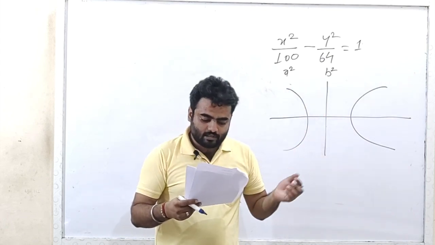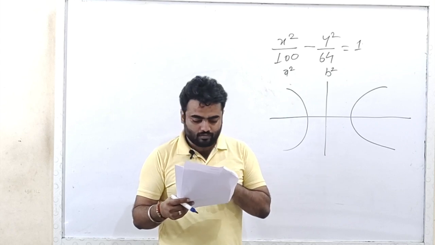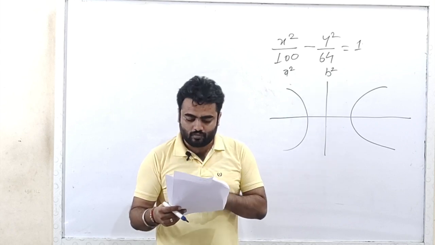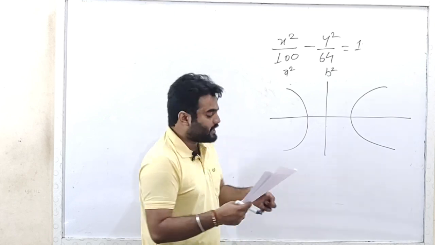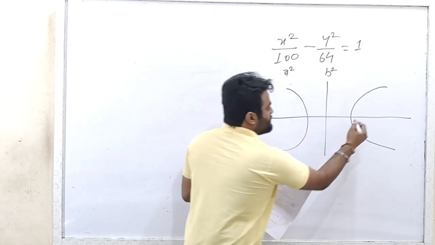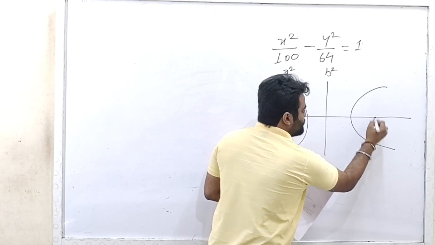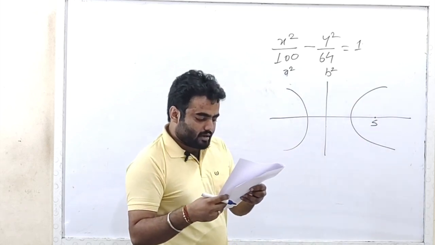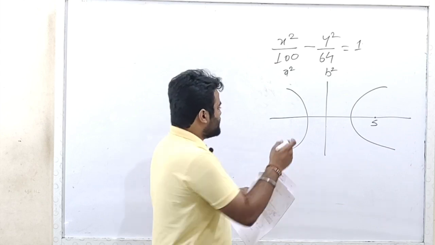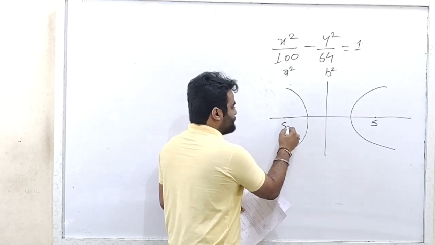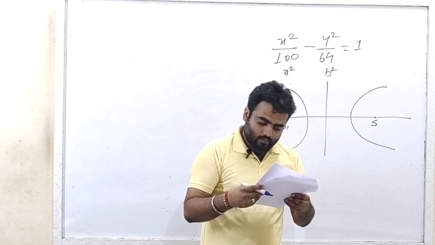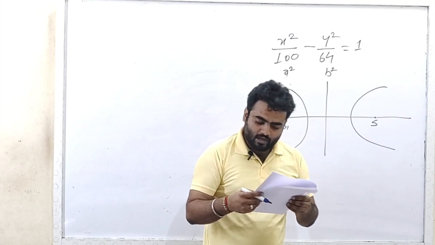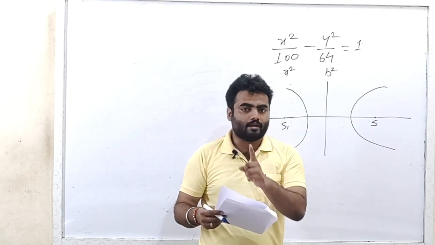And what the question says, with foci at S and S1 where S lies on the positive x-axis. So S lies on the positive x-axis means, let's say this is our positive axis, so S is over here, and this one is of course S1. Let P be a point on the hyperbola in the first quadrant.